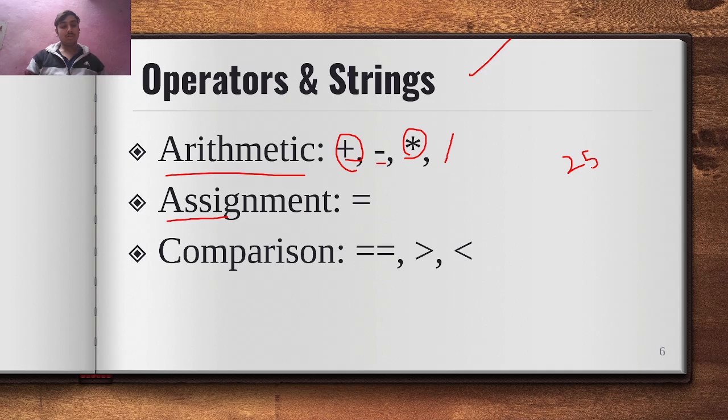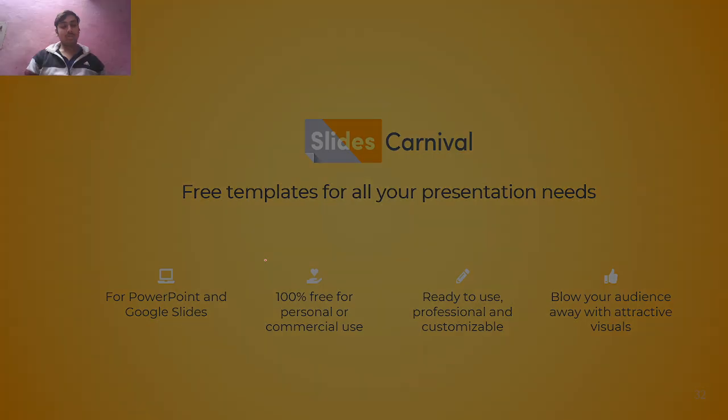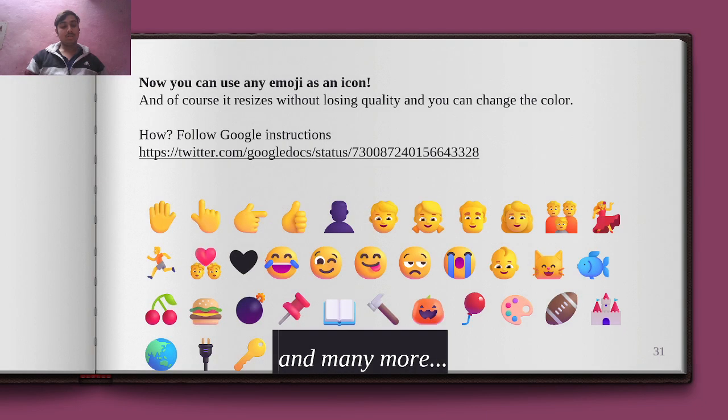This number is 25, I have to store this number, so I will add the equals sign and assign it to A. So this means that 25 is assigned to A. Comparison, like it compares the things and gives you the answer in true and false.